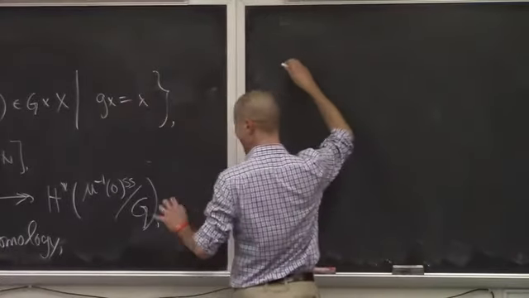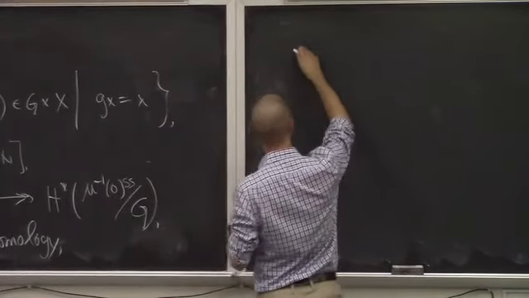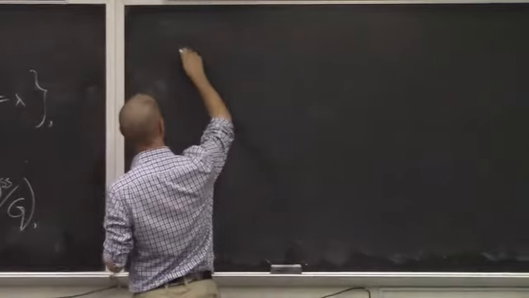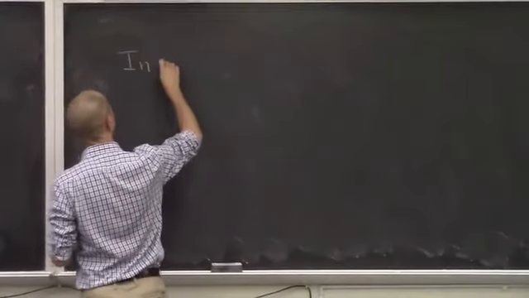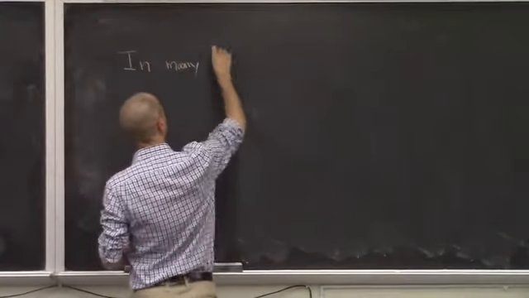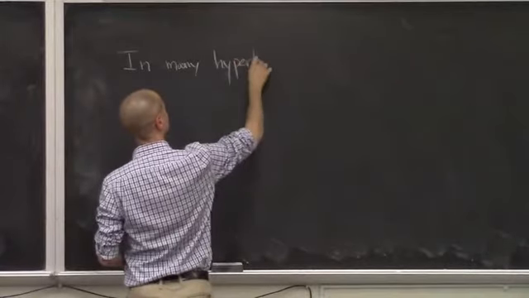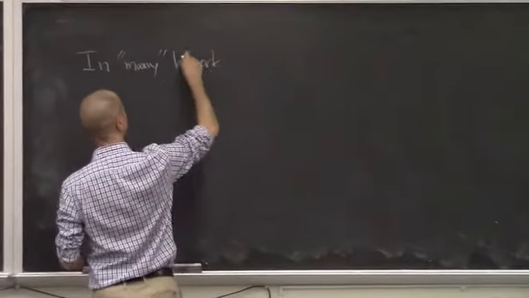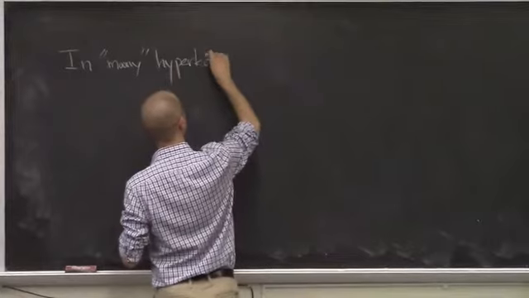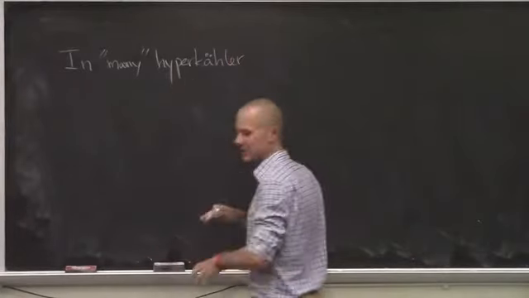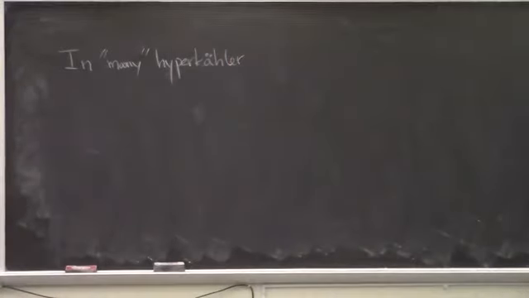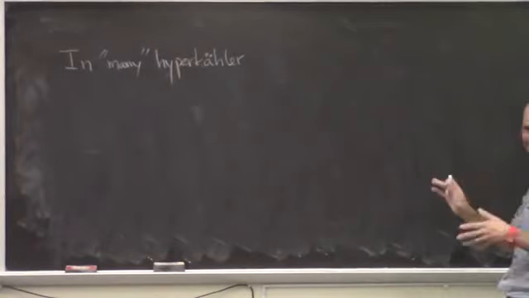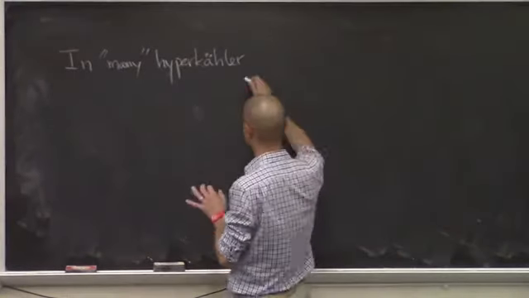Rather than stating it as a theorem or corollary, let me just say that in many hyperkahler situations, well, many depends on your notion of many. Now the hypotheses really matter. Before, the hypotheses were very weak in everything I've done so far. Now the hypotheses really start to matter.